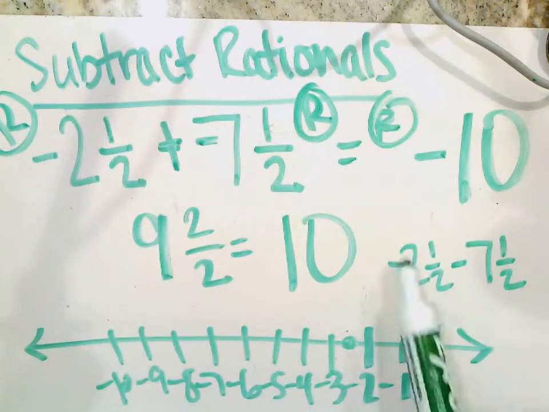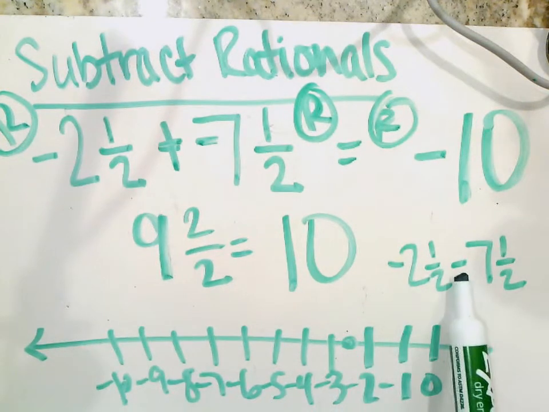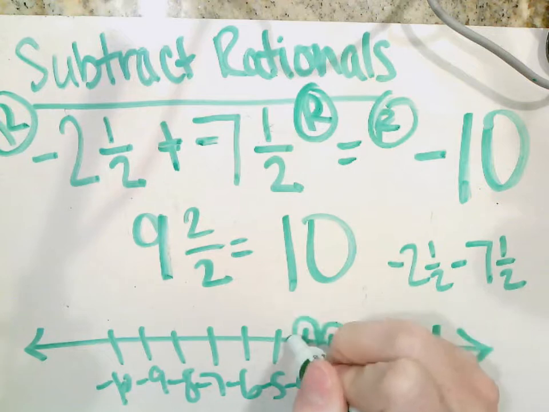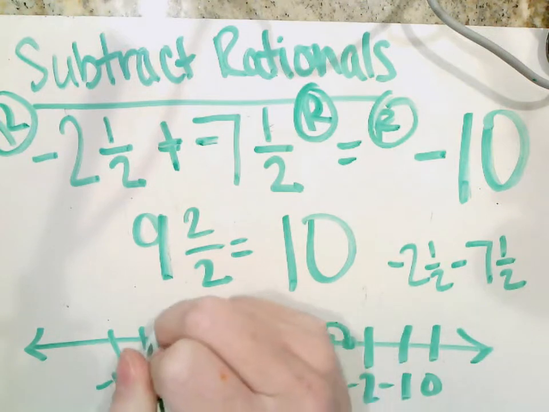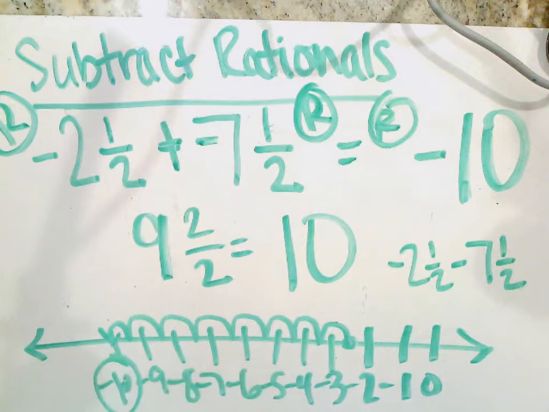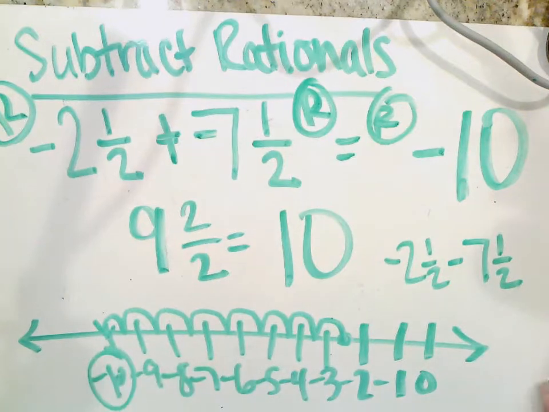So we're at negative 2.5, and we're going to go left 7.5 times. 1, 2, 3, 4, 5, 6, 7, and then here's our half. We're at negative 10 either way.